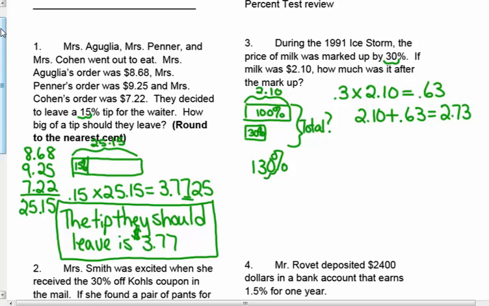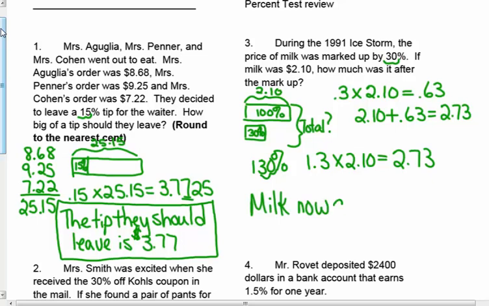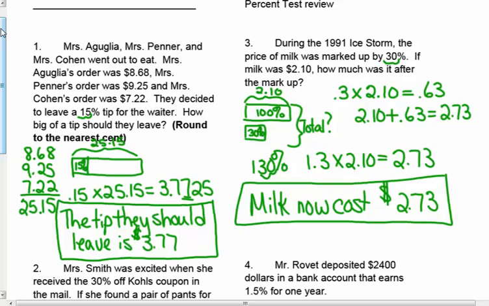So changing that to a decimal, I would have 1.3 times that 2.10, which would give me that new price of $2.73 when I multiply by the 130%. How much was it after the markup? Well, milk after the markup now costs $2.73. Yes, it went up in price.